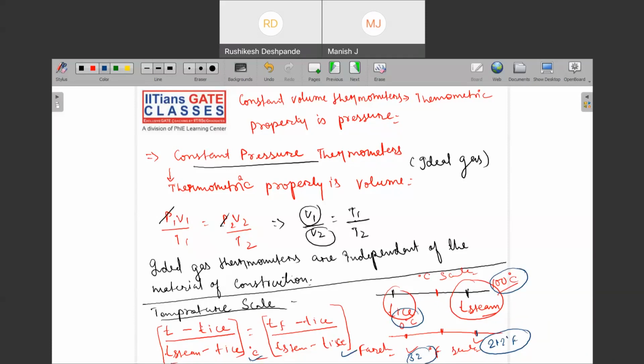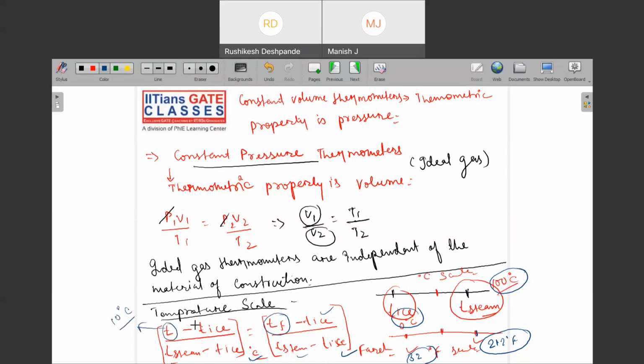Let us say that there is an n scale, there is a p scale, any scale. They will tell you that its ice temperature is this one, steam is this one. Then you can find out any given temperature in that particular scale compared to any other scale. Let us say the given temperature is 10 degrees Celsius.